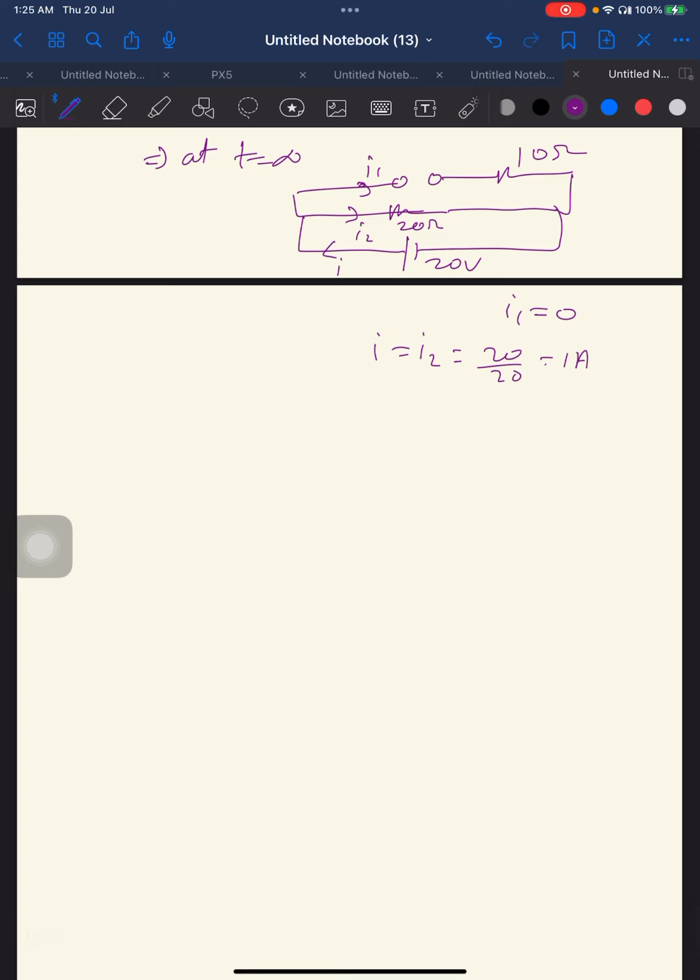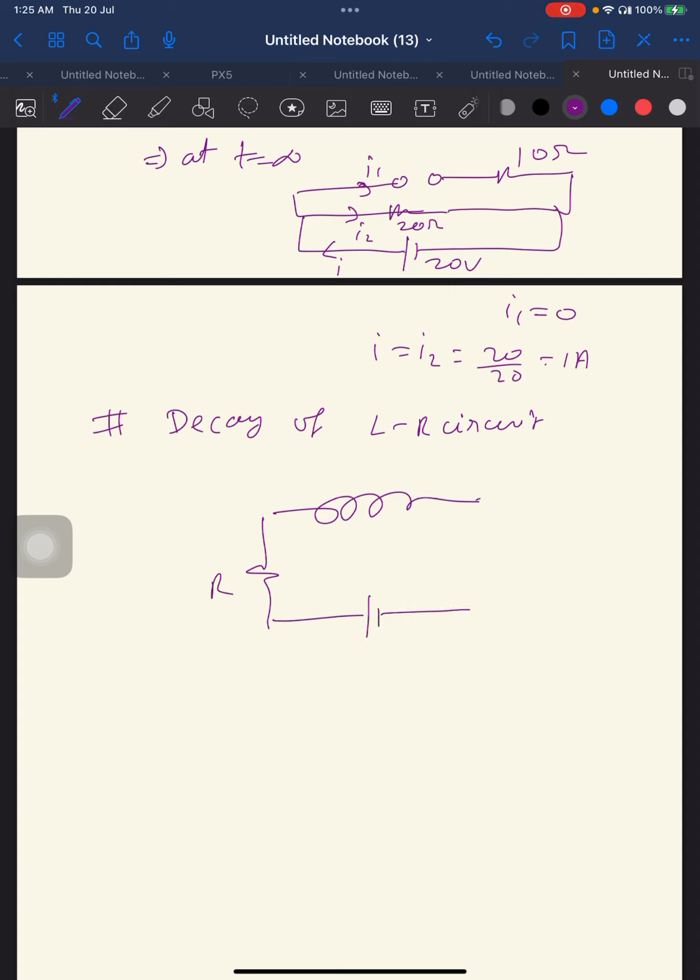Now, decay of LR. Suppose there is an inductor, a resistor, and a battery. This is fully charged and the current was I naught, where I naught is V by R. After a long time, this inductor will be behaving like a short circuit.